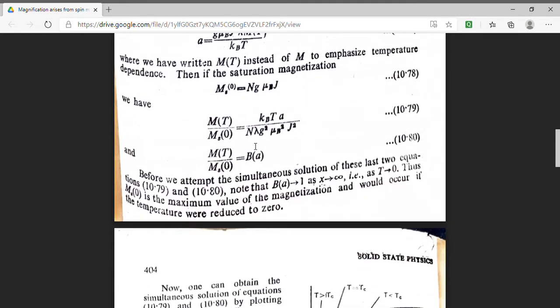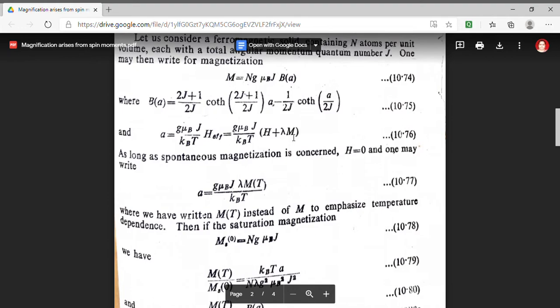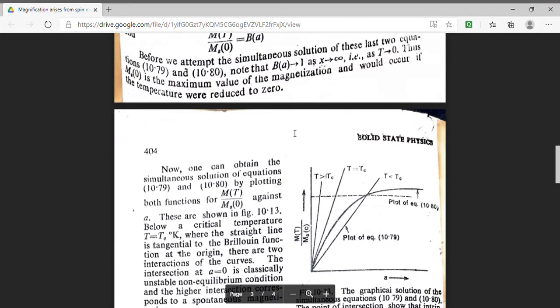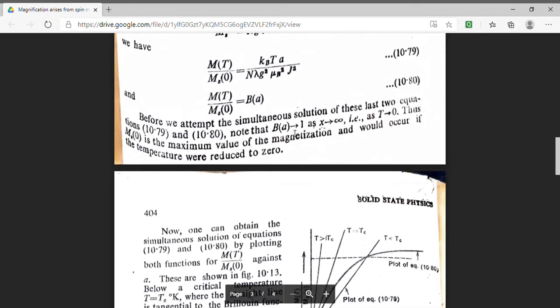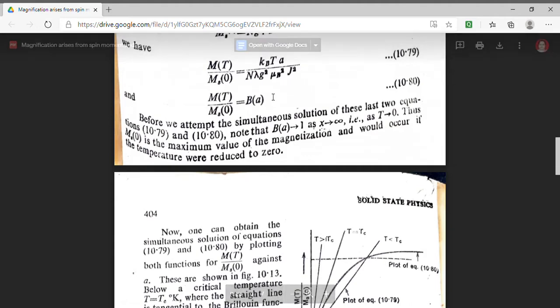Lambda, as I have stated, is the Weiss field constant, g is the Landé g factor, mu B is the Bohr magneton, and J is the total angular quantum number. This equation is temperature dependent, and the other equation is independent of temperature.